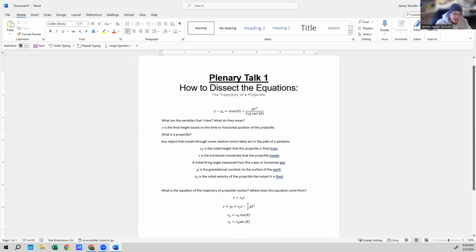Well, we have to understand something. We have to understand that when we talk about projectile motion, the motion in the x direction has a constant velocity.